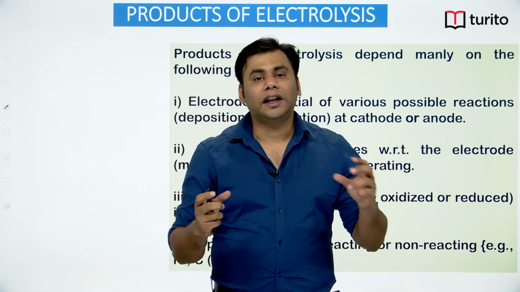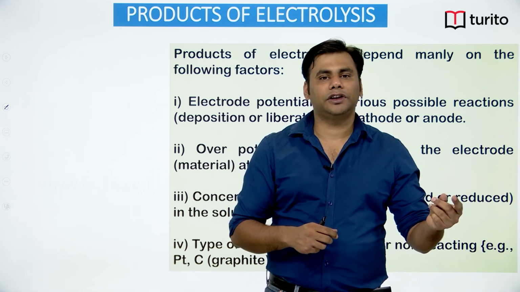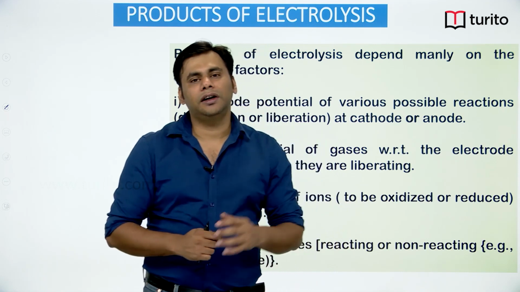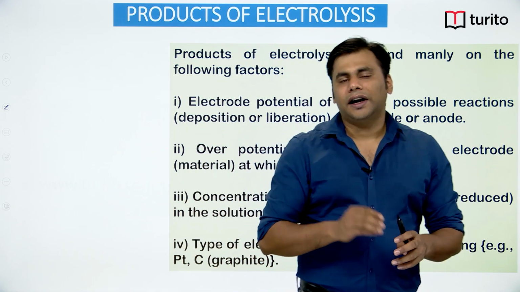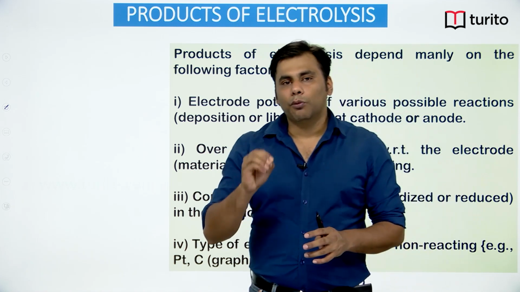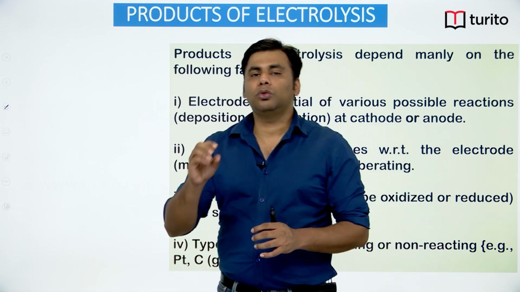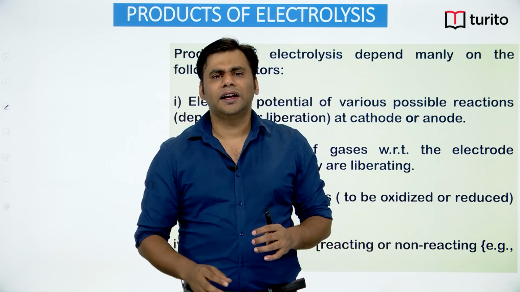Now there are two interfering ions present at each electrode. Which one will get deposited or which one will evolve the gas has to be determined through certain rules. One key point that you should remember is that a substance having more reduction potential is preferred. Suppose there were two cations in the aqueous solution, one A plus and the other X plus.